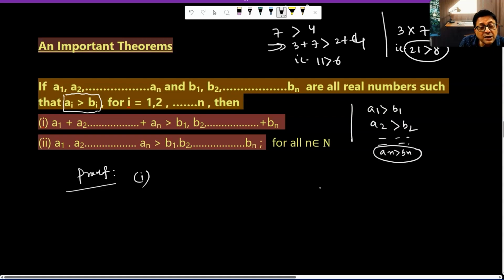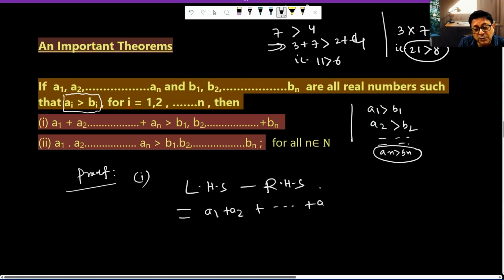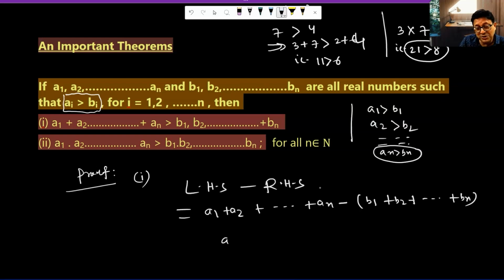And I start with the difference between LHS and RHS. This is what? A1 plus A2 up to An minus B1 plus B2 up to Bn. This is equal to what? Don't say imply, we are not solving an equation here.